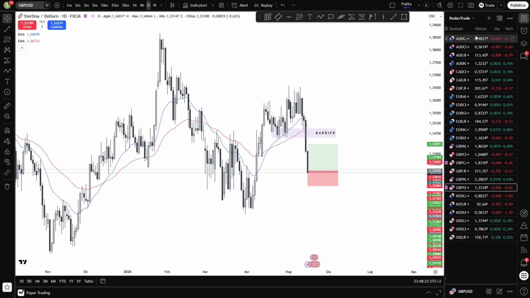Just go through the pairs. You can do this here on TradingView, but I usually do it on my phone. I have MT5, so I'll just go through the pairs on MT5 and see if there are pairs where price expanded in one direction and is far enough from the moving average, and that's it.